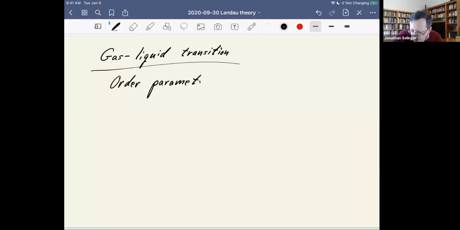Well, the first guess would be maybe the order parameter could be volume, V, or this could be volume per molecule. That's a pretty good idea.